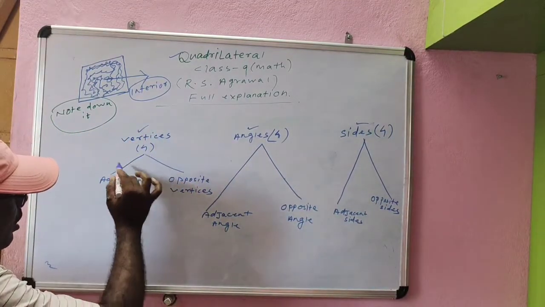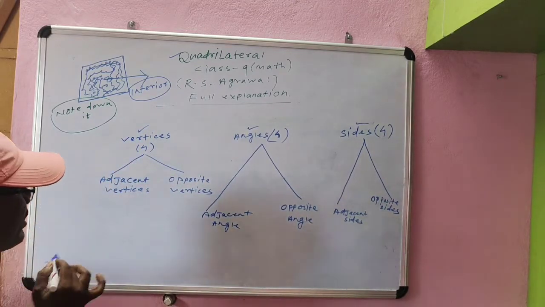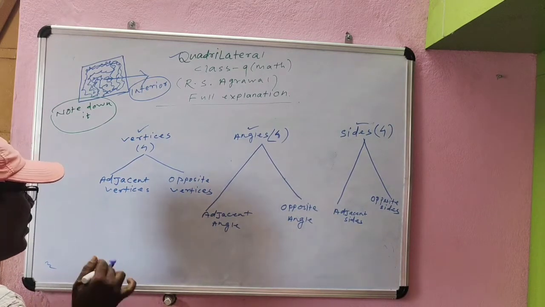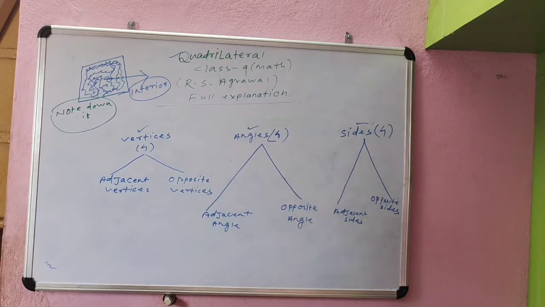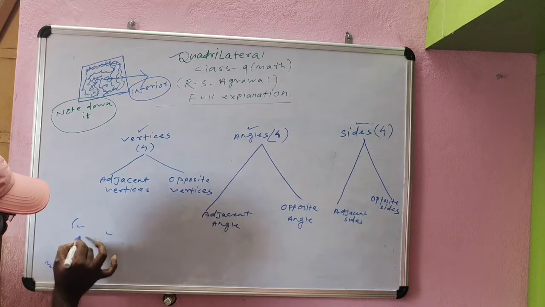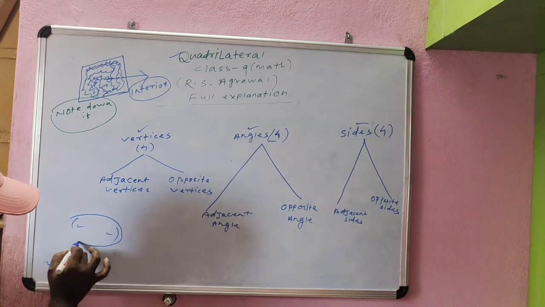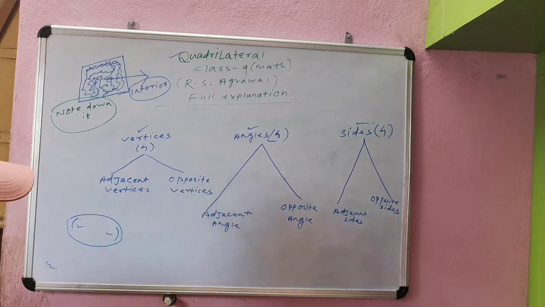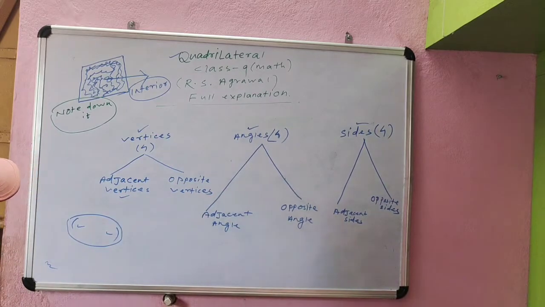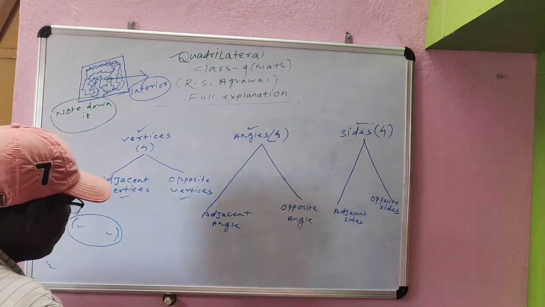Vertices are 4, but these 4 vertices have been divided into 2 groups in pairs. It means you will take 2 vertices and form a pair. Some of the pairs will come under this group, and such type of pairs will come under this group.